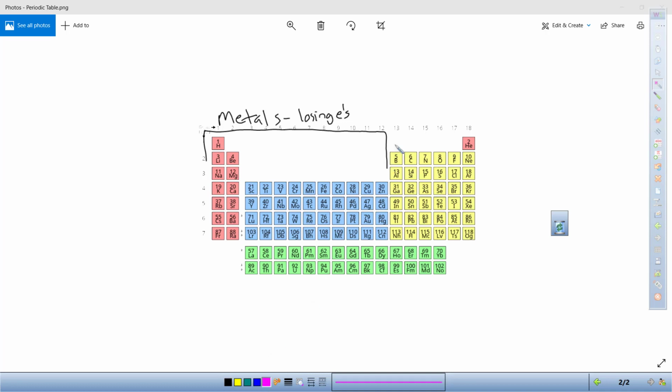Whereas the nonmetals, those elements largely on the right, are going to gain electrons. So that is something you need to memorize. Metals on the left, they're going to lose. Nonmetals on the right, they're going to gain. This is the foundation for the whole chapter.